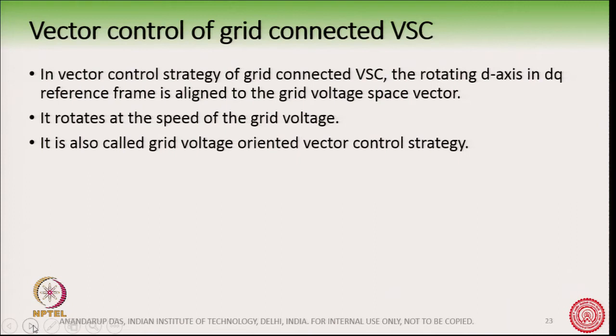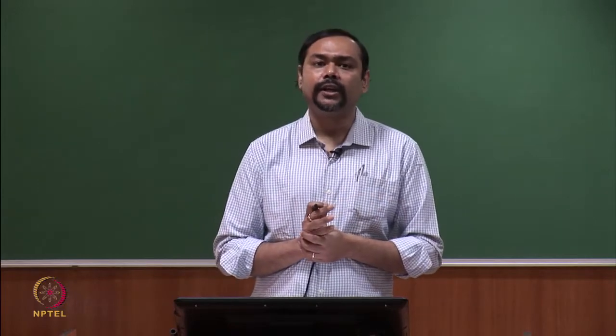Now, what is the vector control of the grid connected VSC? In the vector control strategy of the grid connected VSC, the rotating D axis in the DQ reference frame is aligned to the grid voltage space vector.